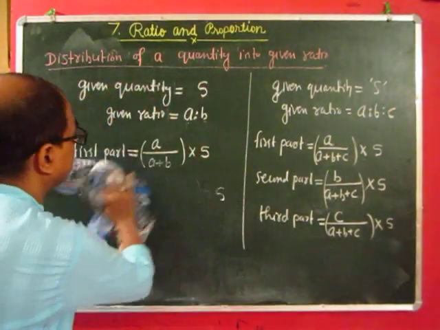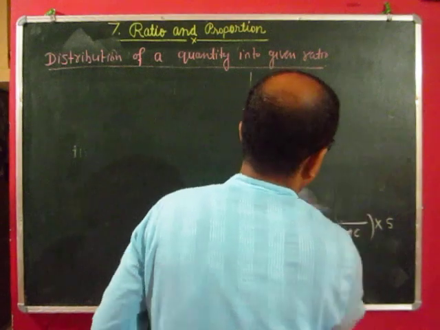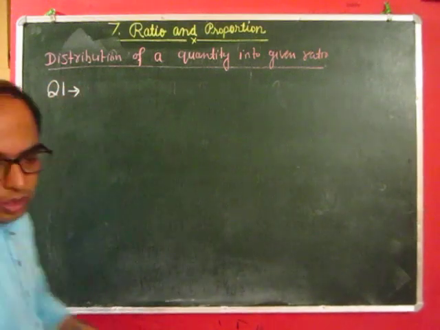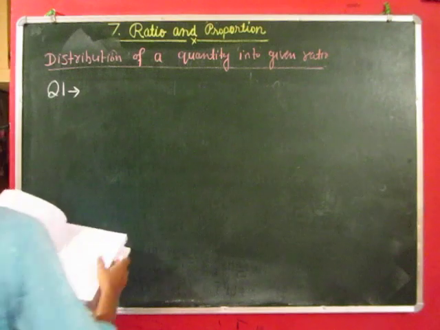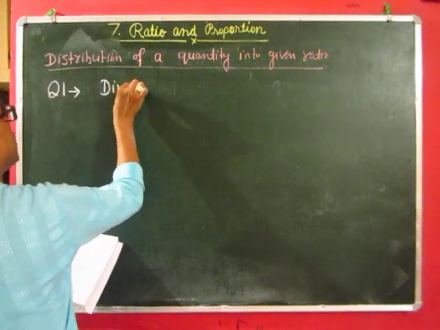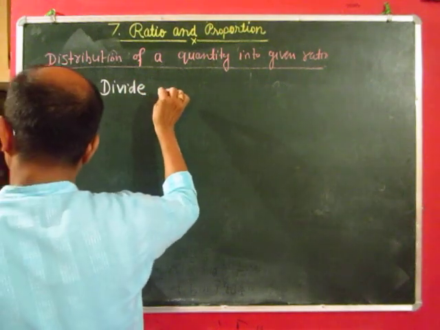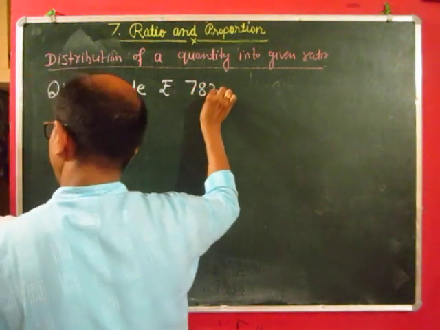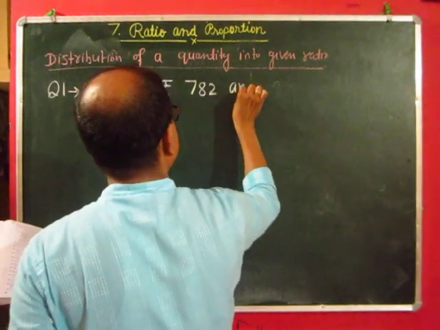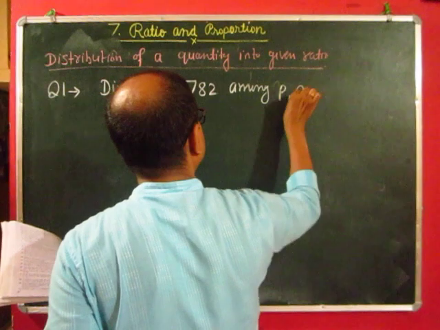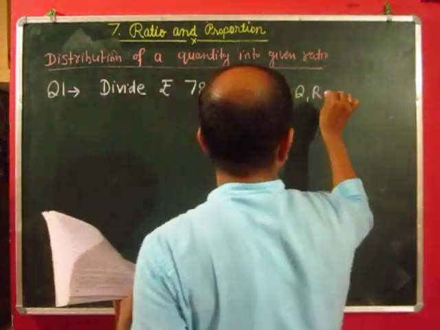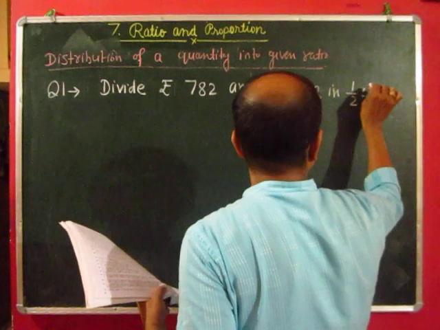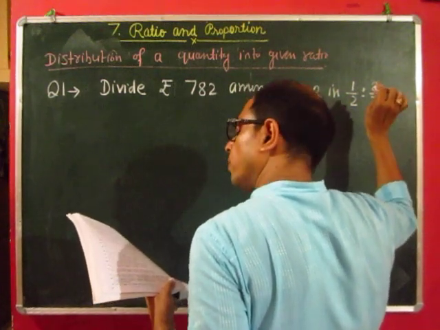So write a question. The question is: divide rupees 782 among P, Q and R in the ratio 1/2 is to 2/3 is to 3/4.